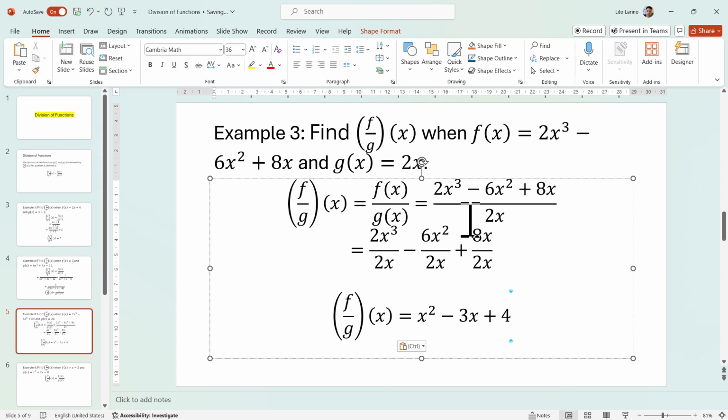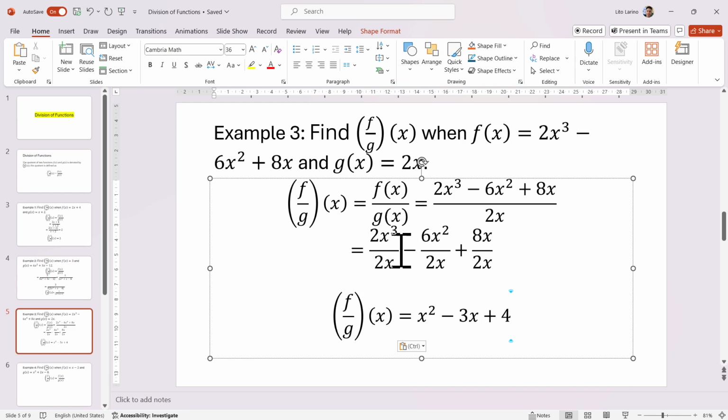How did we do it? Each term of the numerator was divided by the denominator. That is 2x cubed divided by 2x minus 6x squared divided by 2x plus 8x divided by 2x. So we applied our competencies and skills in dividing polynomials, especially the laws of exponent, which is the subtraction of exponents when we divide expressions of the same variable.